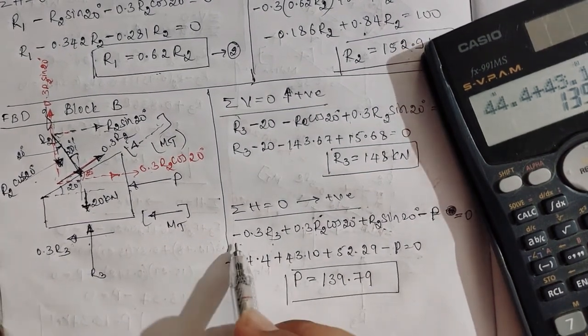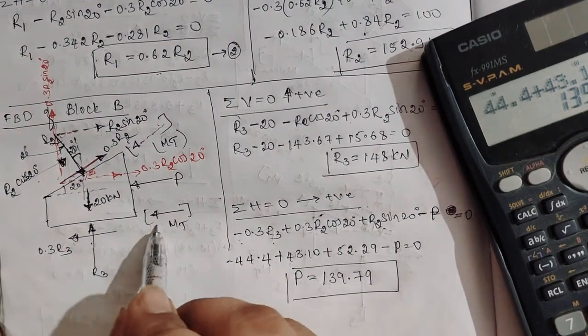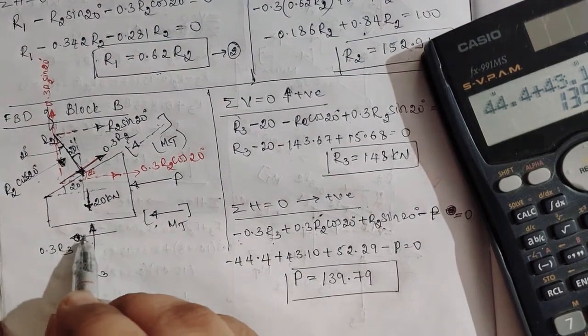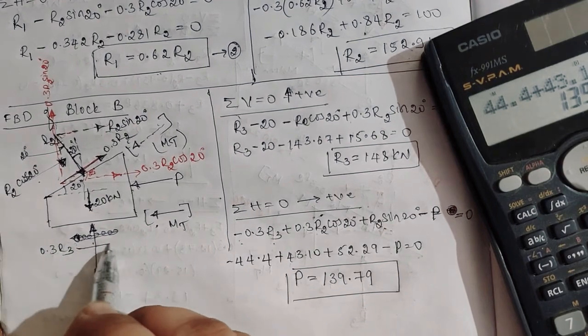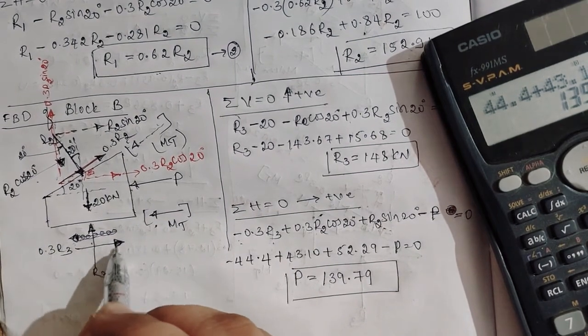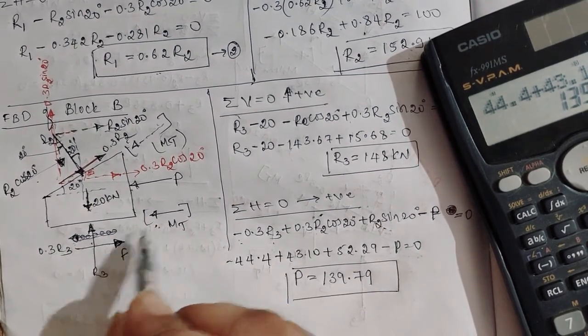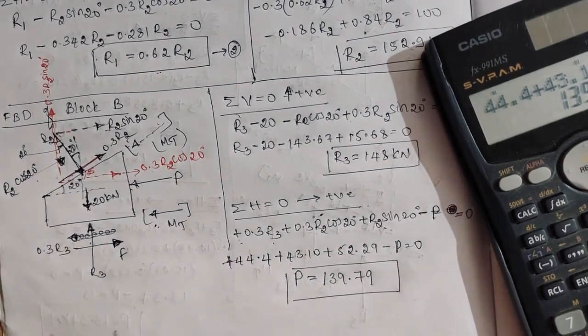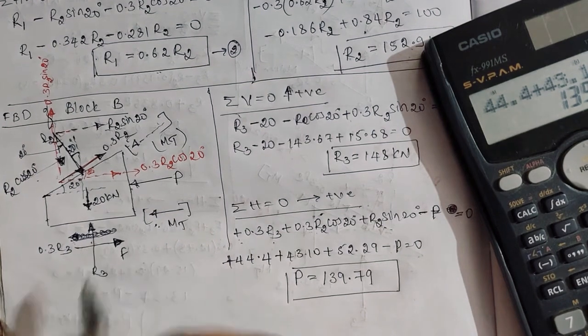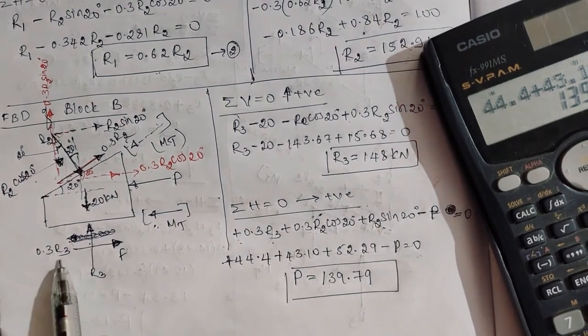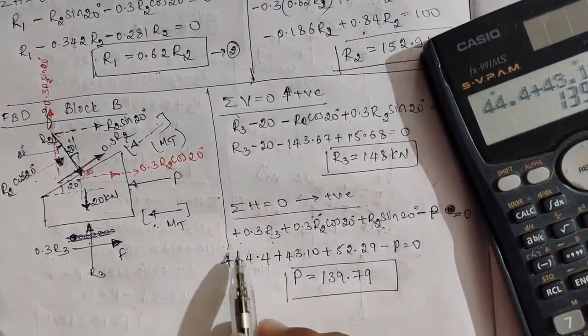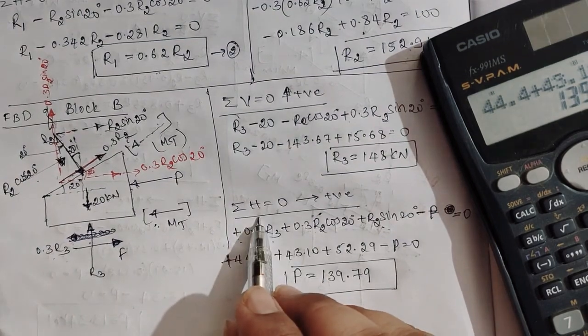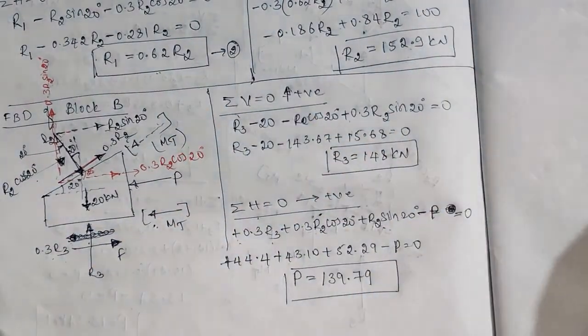Now you can ask why I wrote 0.3, because it is a mistake here. I forgot that friction will always be opposite to this, so this is positive. Sorry, it was my mistake. So 0.3 R3 will come only in horizontal, so everything is right.